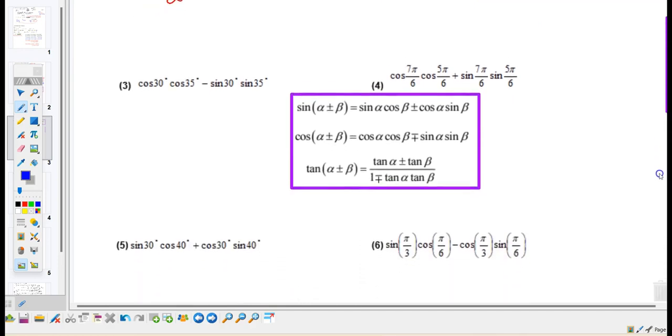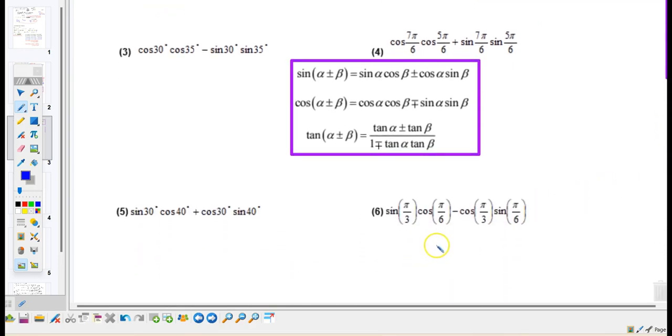Okay, you pause the video here and try number 3. What are you going to match that up to condense with? So I'm seeing cosine, cosine. That's another cosine doubled together. So it goes to cosine sum or difference. Subtraction in the middle, so that goes to addition between these angles.